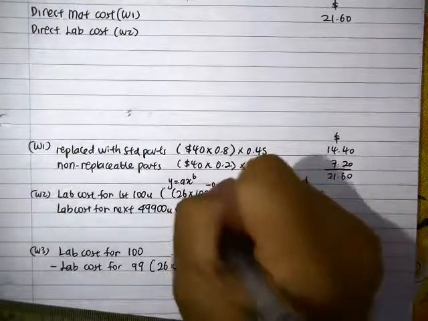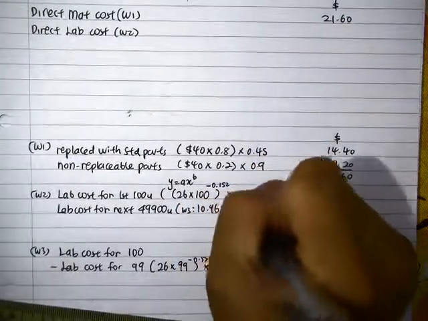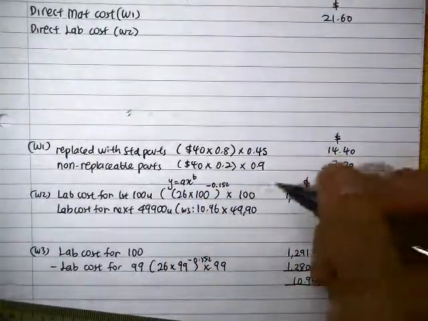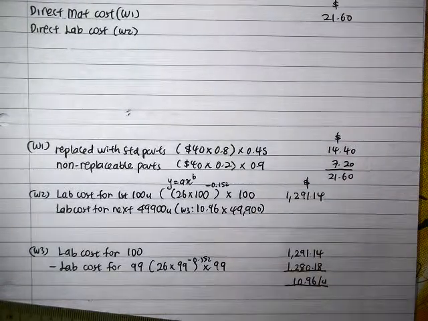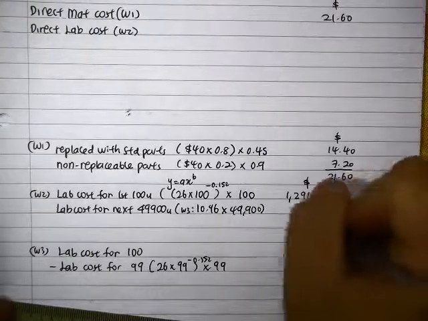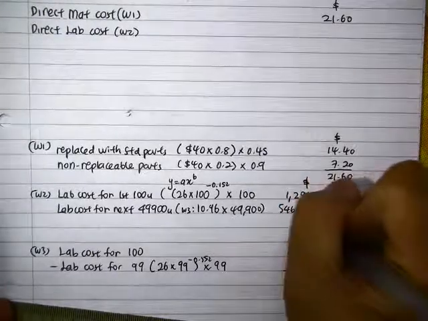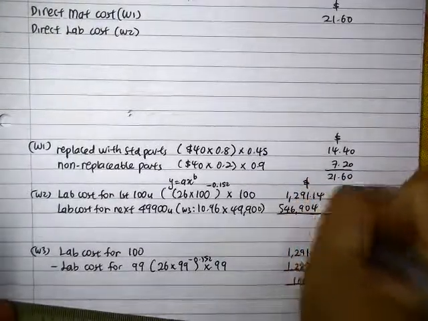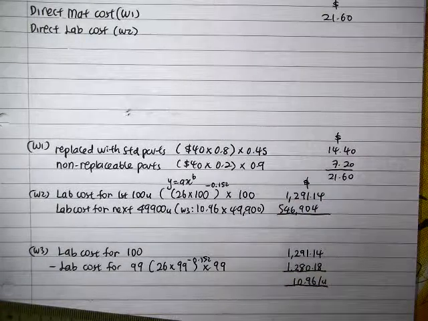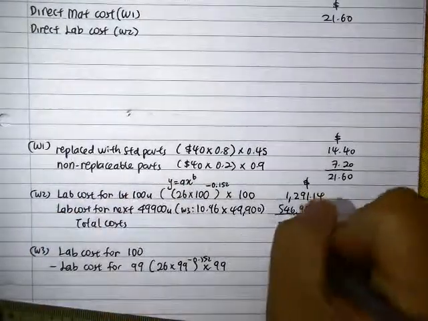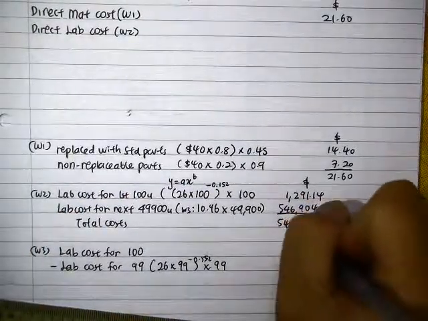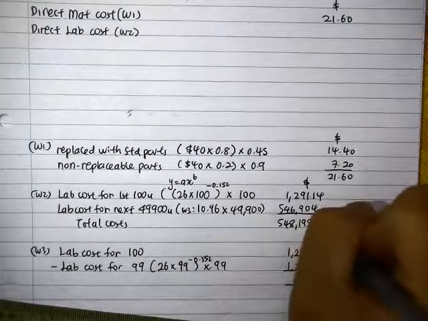If it's 10.96 per unit, 499 will be 546,904. So the total cost is 548,195.14.